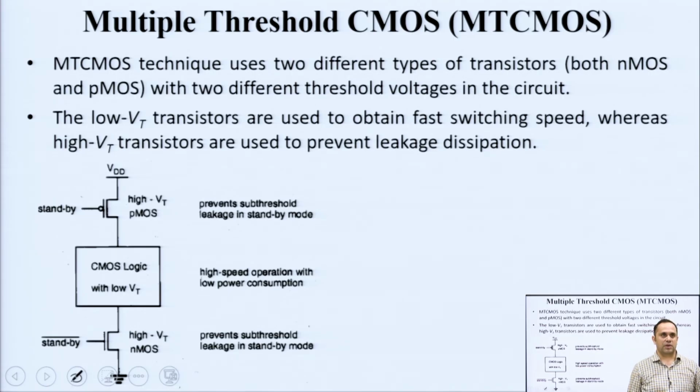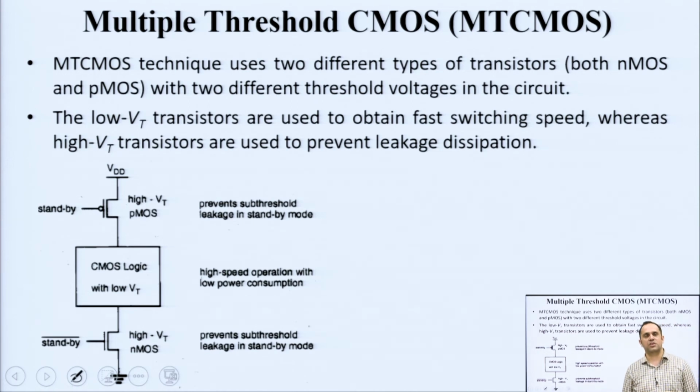So, your actual useful logic circuit cannot charge up to VDD, and it cannot discharge to ground, because it is prevented by the high threshold voltage PMOS and NMOS standby transistors. So, this is the MT CMOS technique. As compared to VT CMOS, MT CMOS occupies less area and it is easier to implement. So, it is generally preferred over VT CMOS.